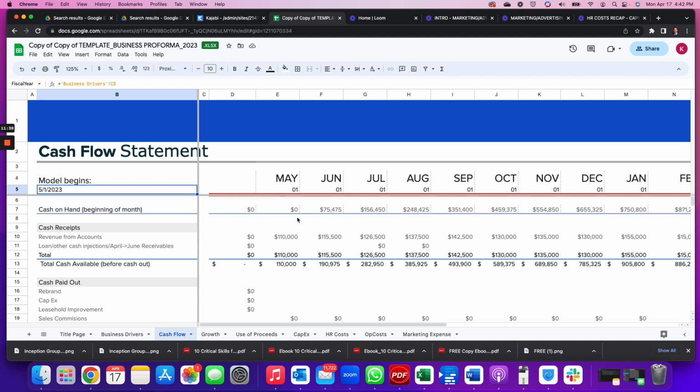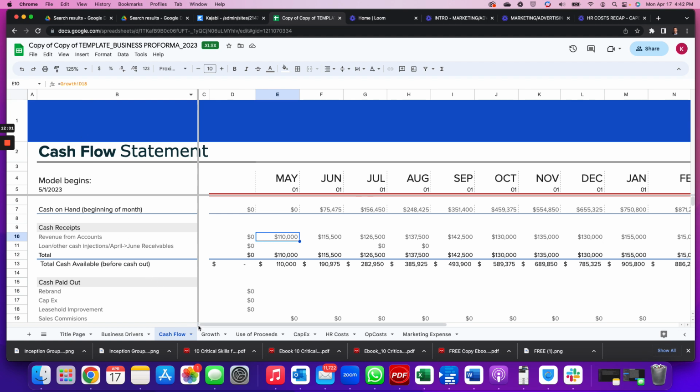I want to go through not each tab here, but I want to illustrate what these mean. So when I say cash on hand at the beginning of every month, that's where we have, again, revenue from accounts. That right there is equal to the growth tab at cell D18. So where did we get that?